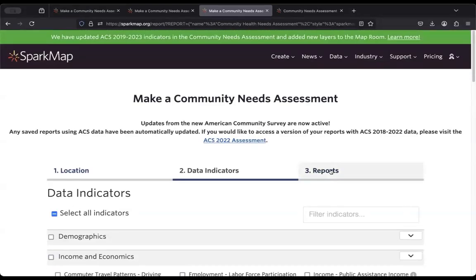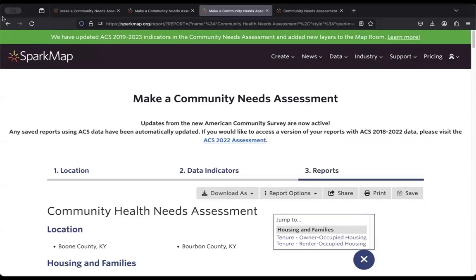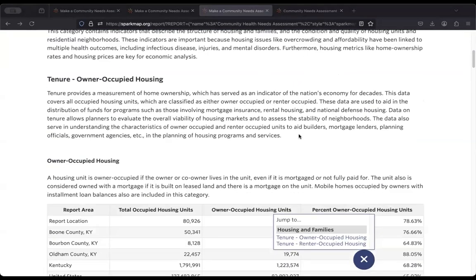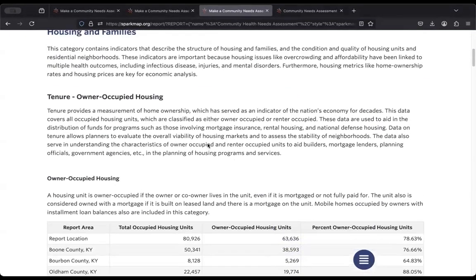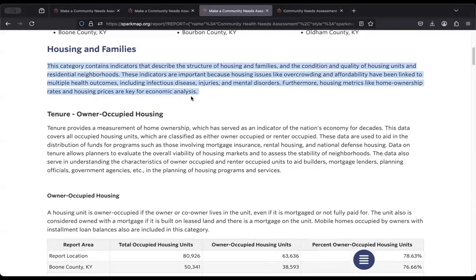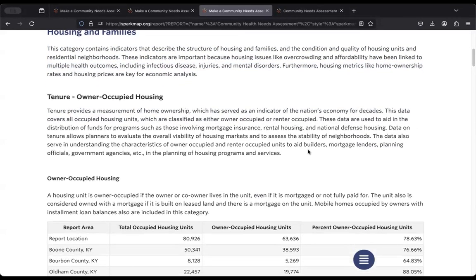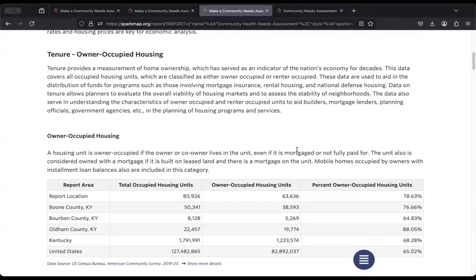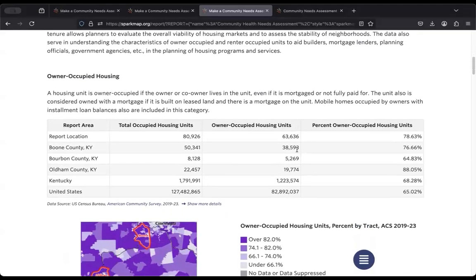And again, we've got some nice breakout data that we can look at within these indicators as well. So this is an indicator that gives you a little bit of additional information about housing and families and what tenure means. So that gives you a little bit of background in case you are curious.